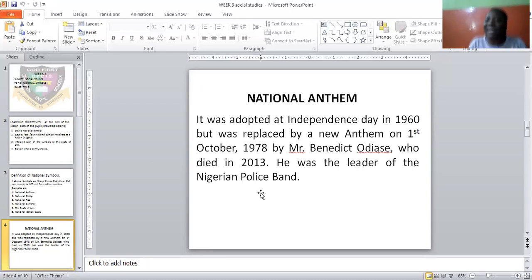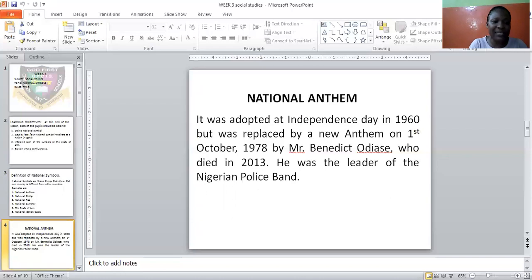The man known as Benedict Odiase, the leader of the Nigerian police band, composed it in 1978. And as a nation that shares the same sense of national identity, wherever this song is being recited, we have to stay at attention.